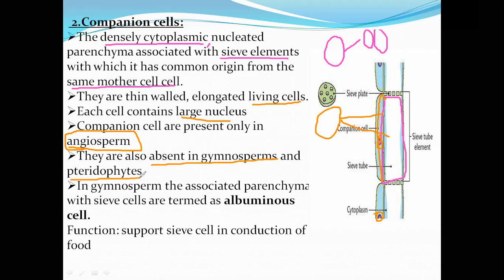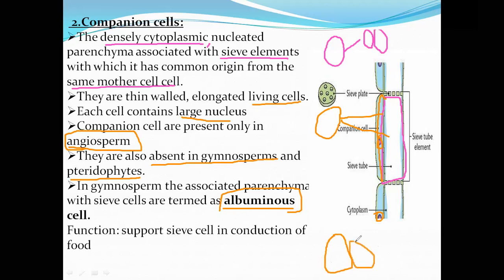So here one more term is there, that is albuminous cell. In gymnosperms, the associated parenchyma with the sieve cell is albuminous cells. So instead of the tube, there is a cell, that is the sieve cell. And instead of the companion cell, the cell in the gymnosperm is the albuminous cell.